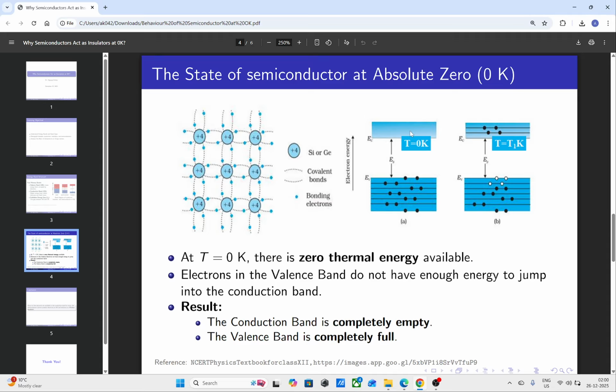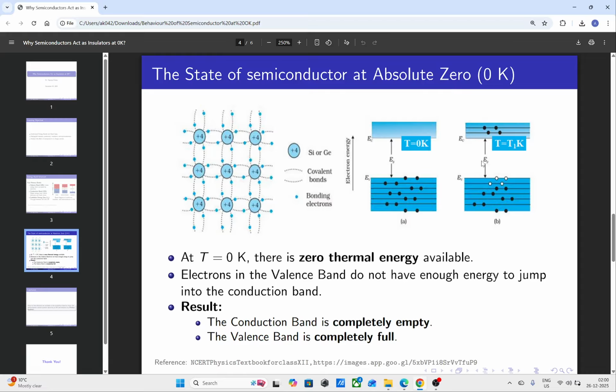Since the conduction band has lots of free energy states, the electron can move freely. But at 0 Kelvin, the valence band is completely filled and the conduction band is empty. This is the situation like an insulator, where also there is no electron in the conduction band and the valence band remains completely filled. So we can say that at 0 Kelvin, the semiconductor behaves like an insulator.